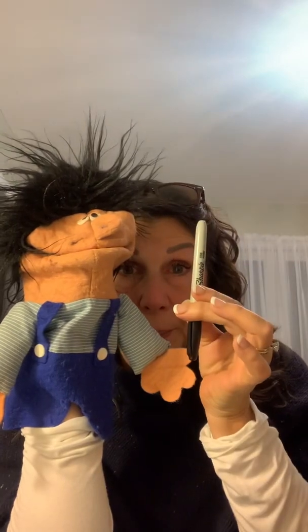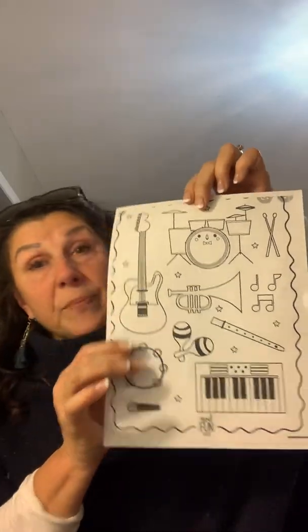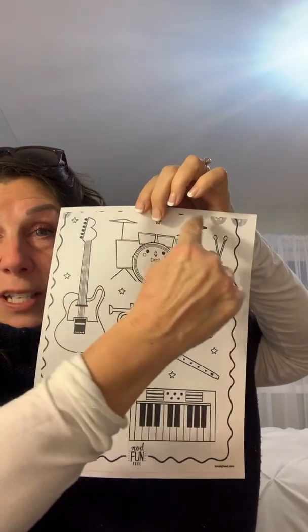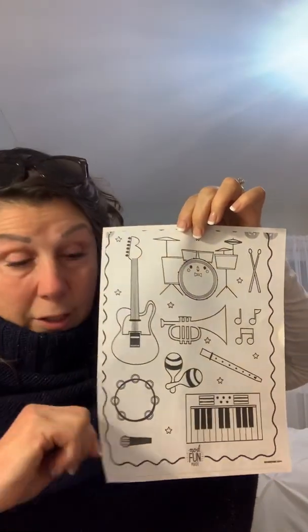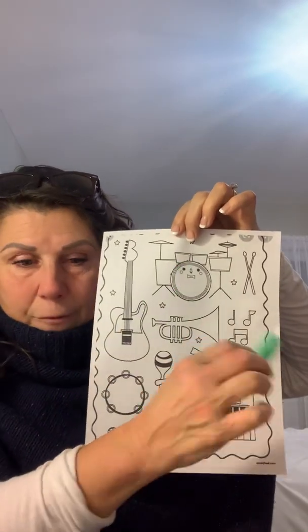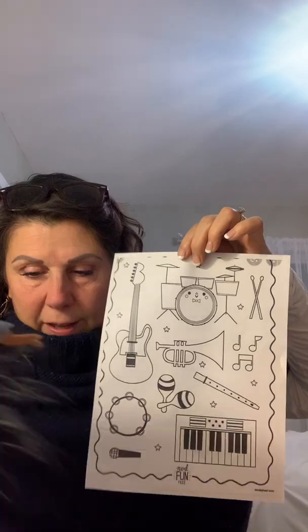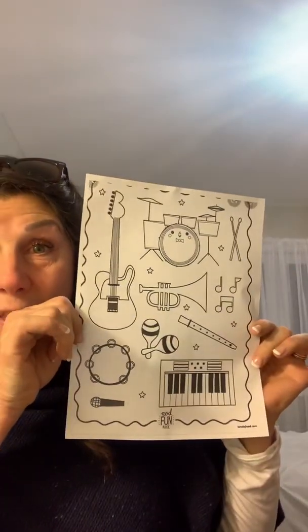And finally, Petey Percussion, use the black to remind you of his hair. Here's your worksheet to use all the different instruments, color them all in, then circle them in the proper colors. Green for wind, blue for string, black for percussion, and next week we'll talk about this together.